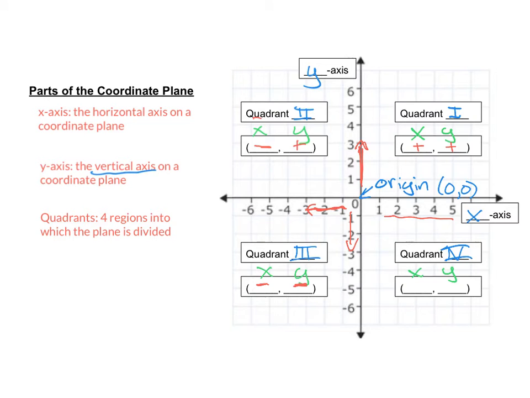Notice I'm reading all of these x first, y second. So the last one with quadrant 4, if you're looking at x to the right, that's going to be positive. And if your y is going down, that again is going to be a negative value. So just a little something to look for as you identify and graph points on a coordinate plane.